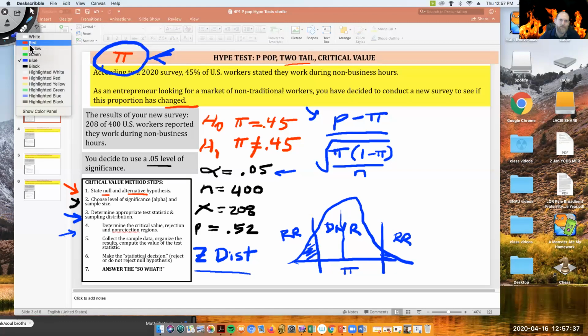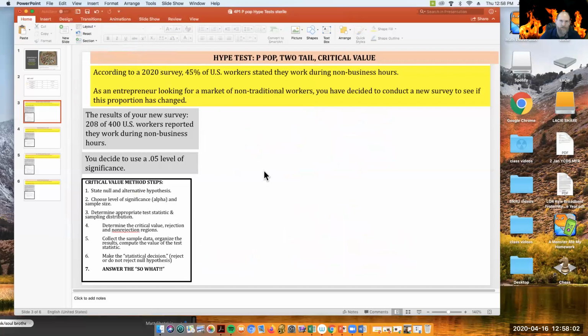When we say critical value, we want to determine what that is for here and what that is for here. It's going to be the same number, just this side is going to be positive and this side is going to be negative. Now you're probably going, a lot of work to do. Well, we have a little hack. So like I said, we need to remember level of significance is 0.05.